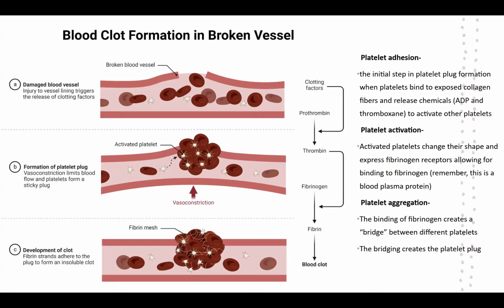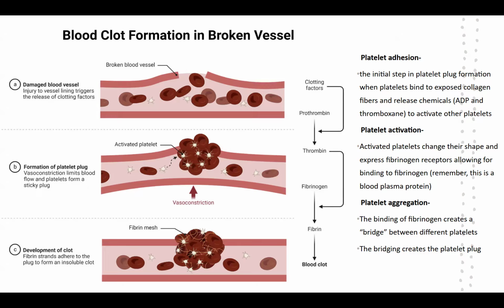The three phases of platelet plug formation are here on the right: platelet adhesion, platelet activation, and platelet aggregation. The first thing that happens is that the platelets will start sticking to collagen fibers, which are typically on the ends of the blood vessels, and you'll start releasing other chemicals to attract other platelets to the area.